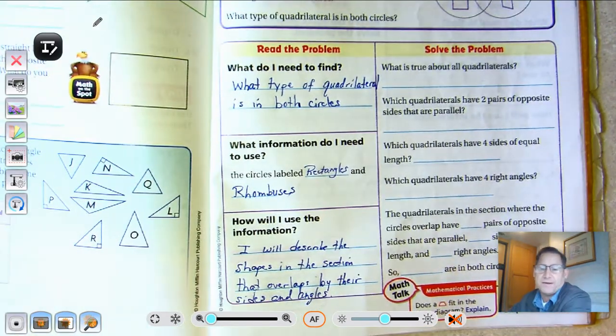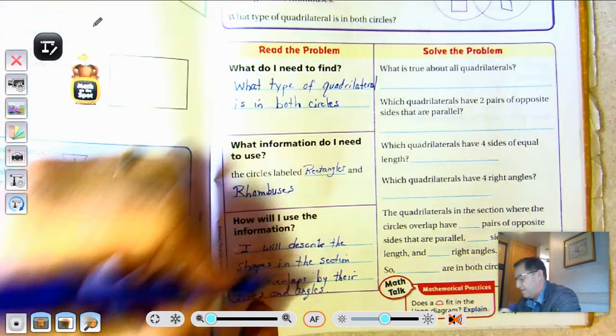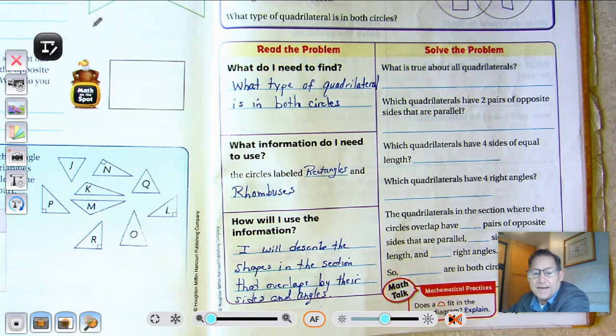I'll describe the shapes in the section that overlaps by their sides and angles.